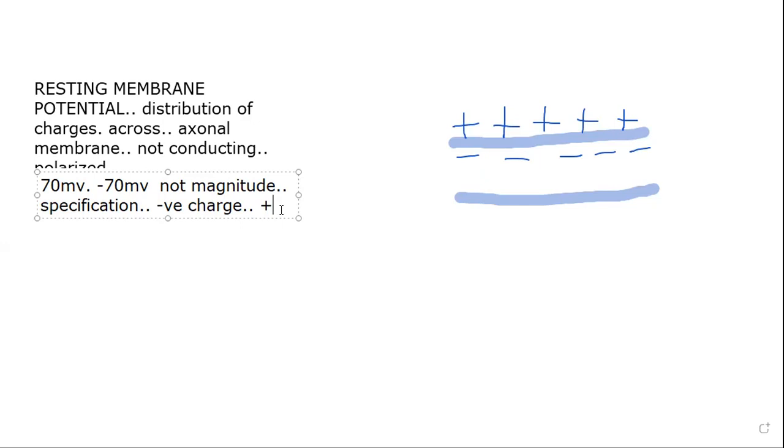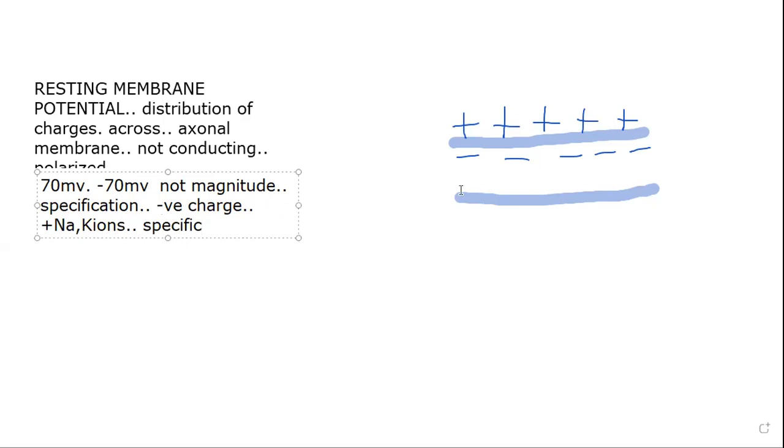First of all, we are going to see the concentration of the sodium and potassium ions inside the neuron. There is a specific concentration of the sodium and potassium ions.